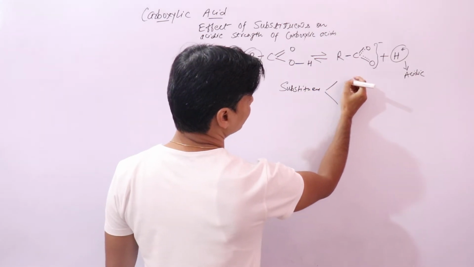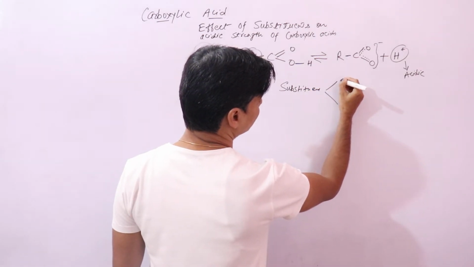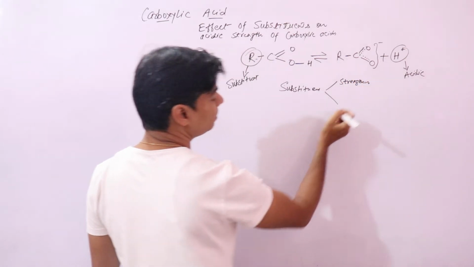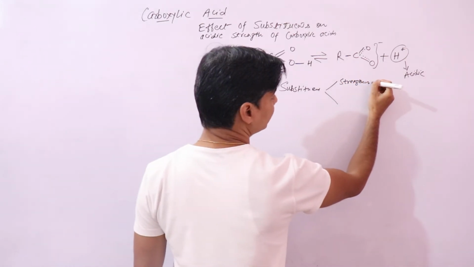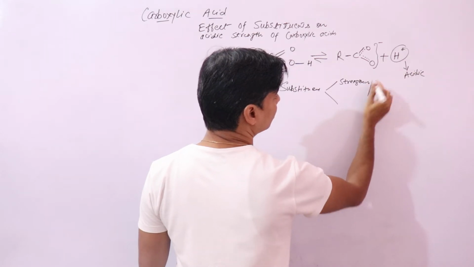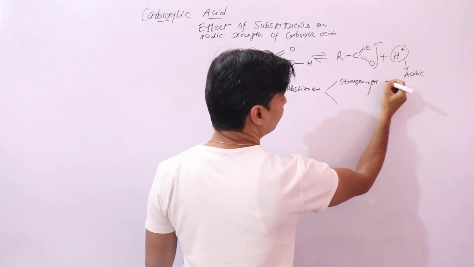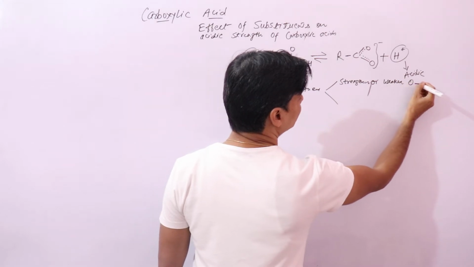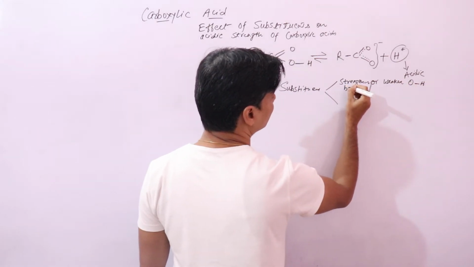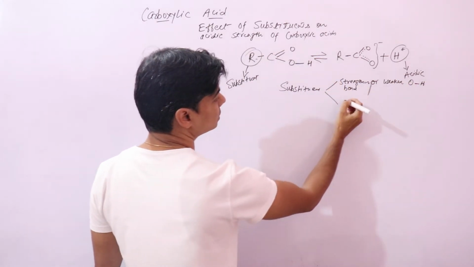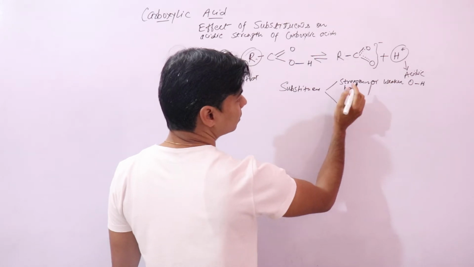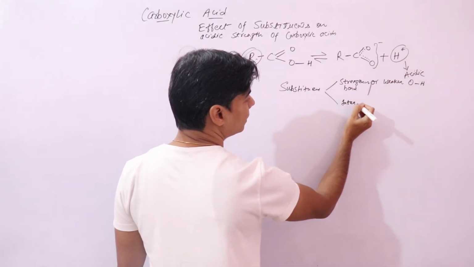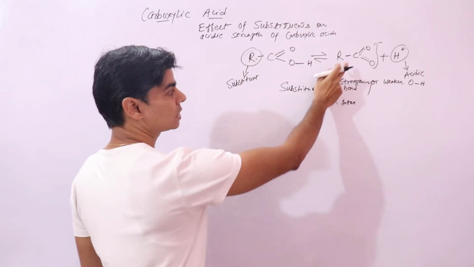First, it will strengthen, meaning it will make the bond strong, or weaken the OH bond, right? Second, it will intensify the negative charge on this carboxylate ion.